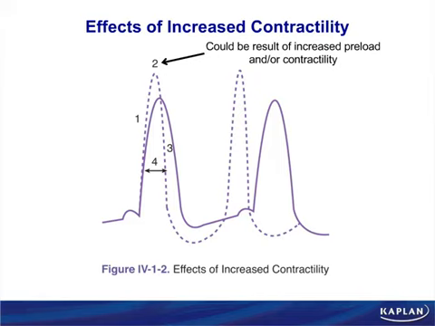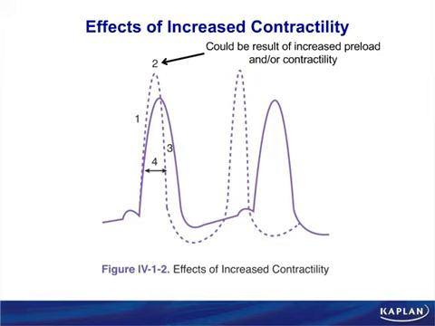That could simply be increased preload. Could be increased contractility, or it could be both. But the point is, I cannot distinguish if item 2, peak systolic pressure, is an increased preload or an increase in contractility.